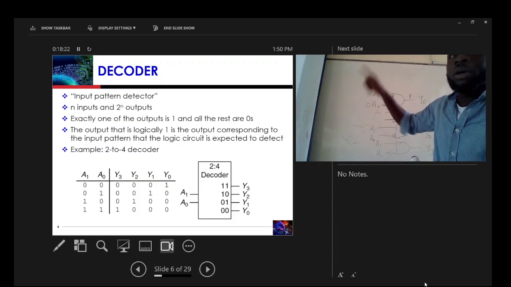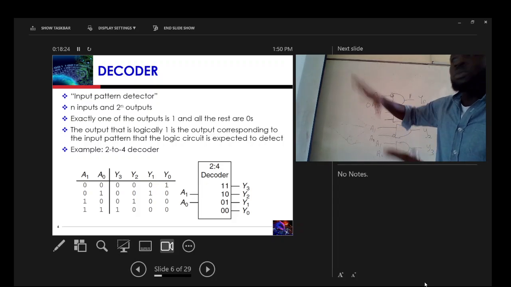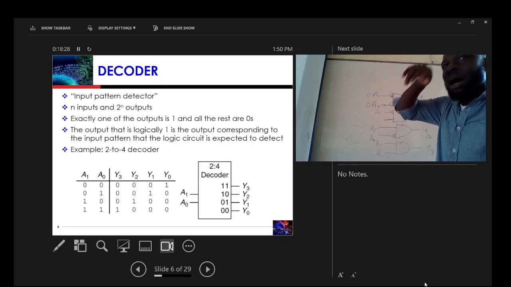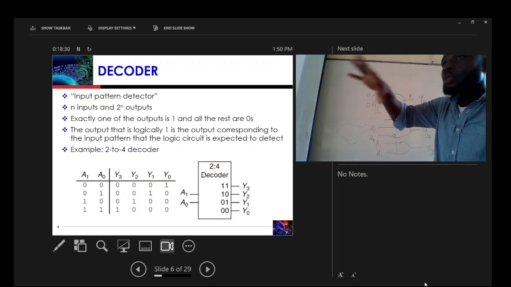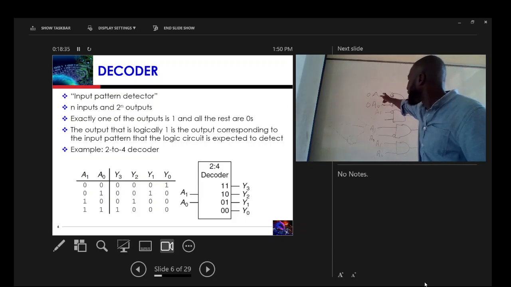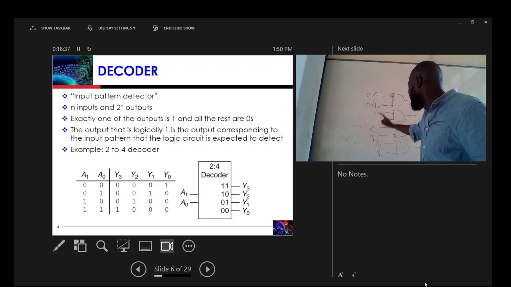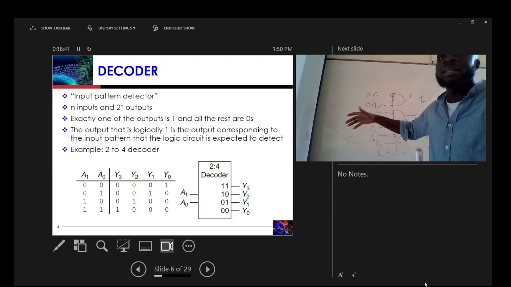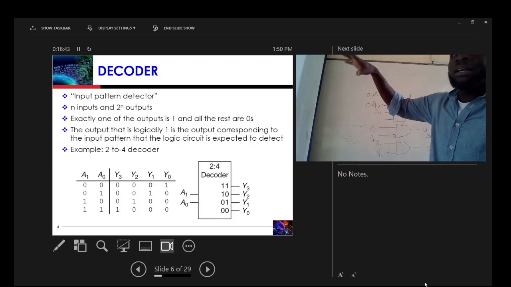Where is 1? Y1. Look at the output. So you are relating the input to the output. Now you can combine these because you have A1 here and A1 here. You just join the lines together. You have A0, A0, join the lines, and then you can pass your signals through the circuit.